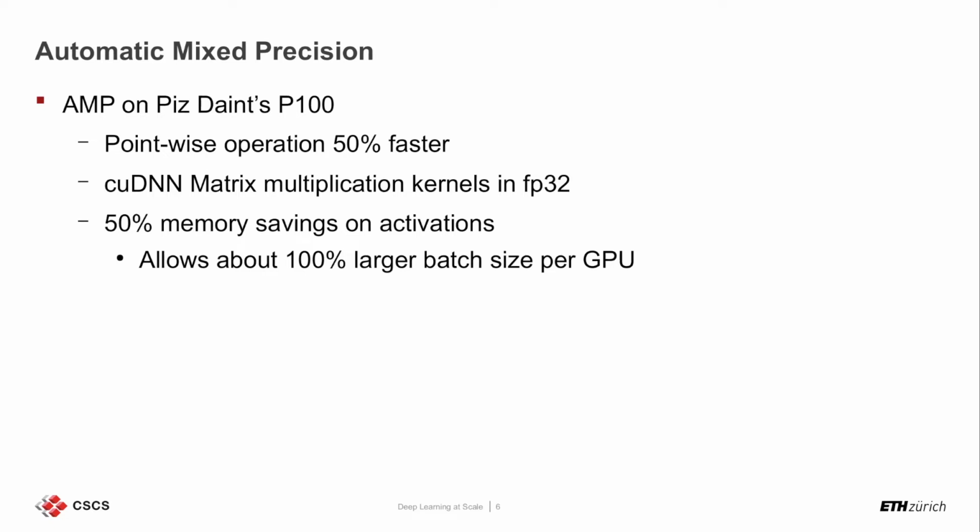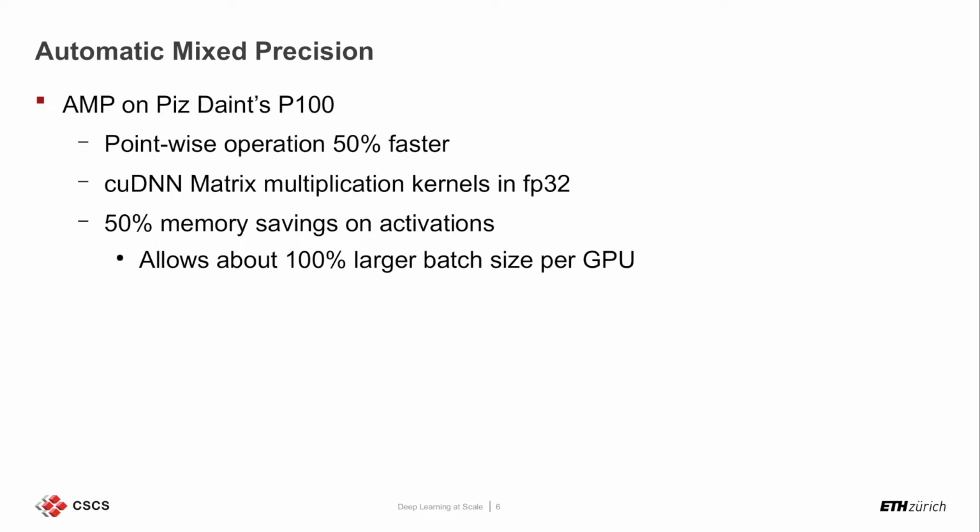But for P100, they generally operate at float point 32. So we can't really have any performance gains there. But we do get memory savings. We only need 50% of the memory to save the activations, for example, during the training.